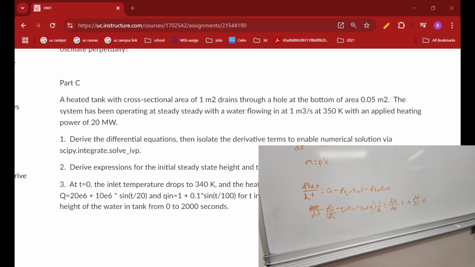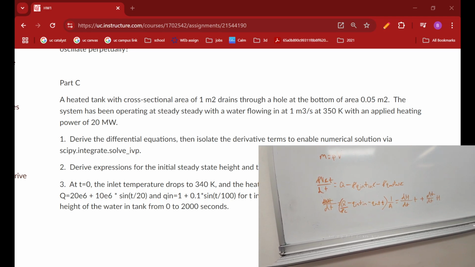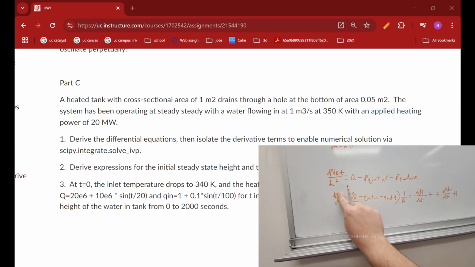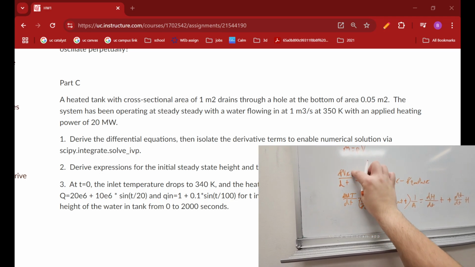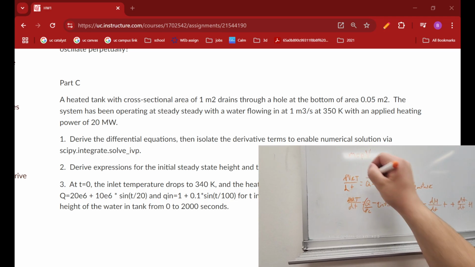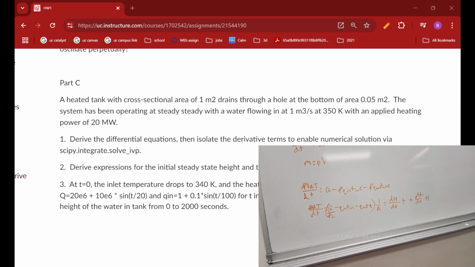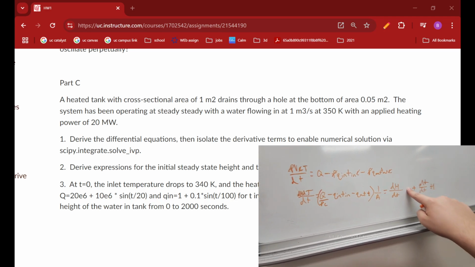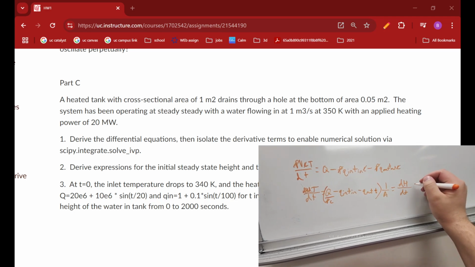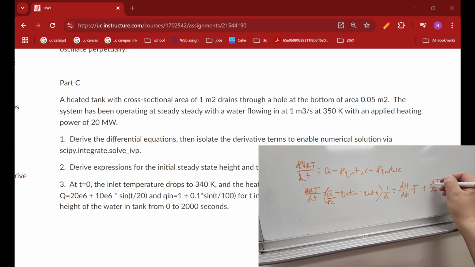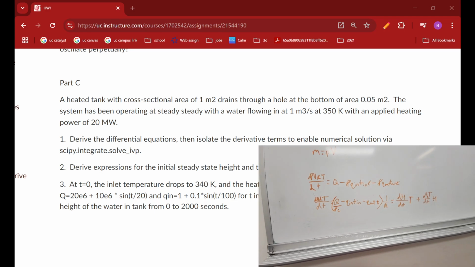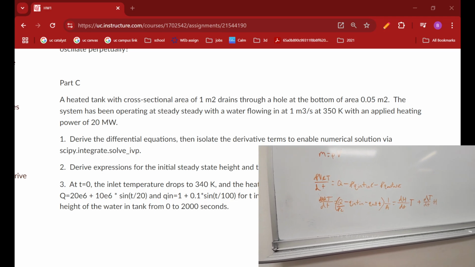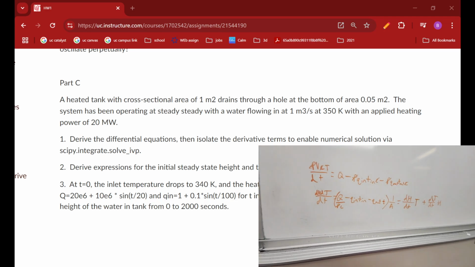And I need to keep all my T's differently, so let me go through and make that change before I get too messed up with everything. And this should be capital T, just so that I know which one is which as we move on from here.